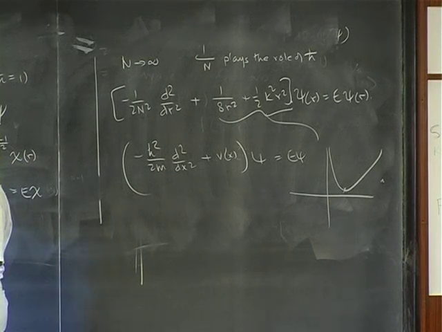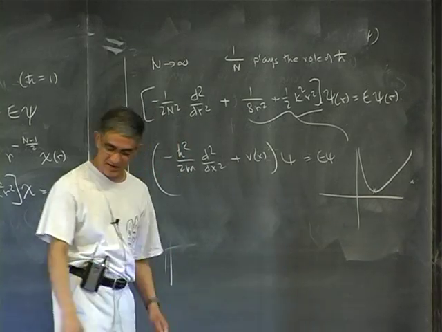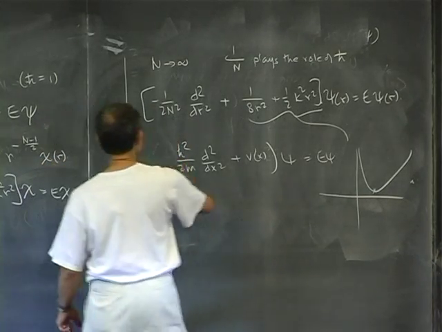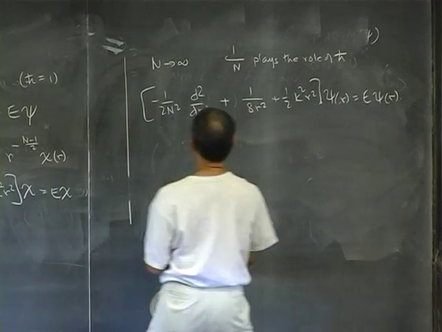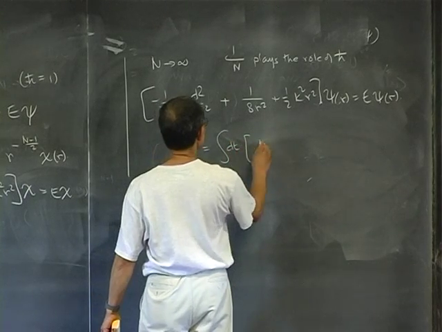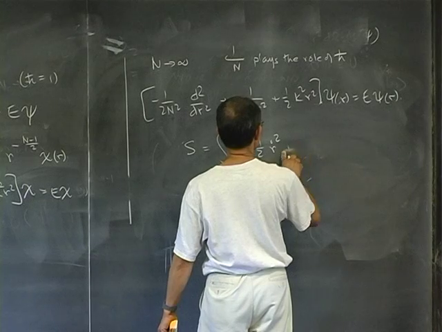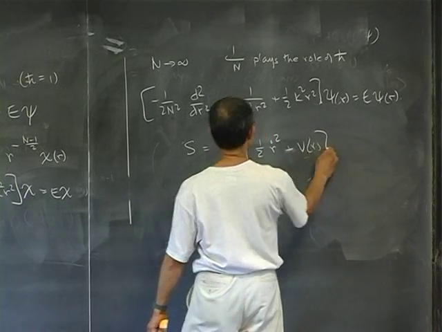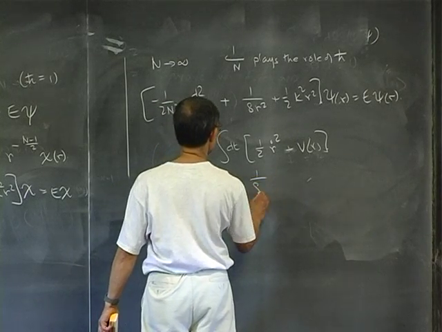It's a singlet variable, doesn't carry any of these indices I, and it has an action which, if I try to write down what the action for this thing is, the action is going to be integral dt half r dot square minus v of r, where v of r is given by this.